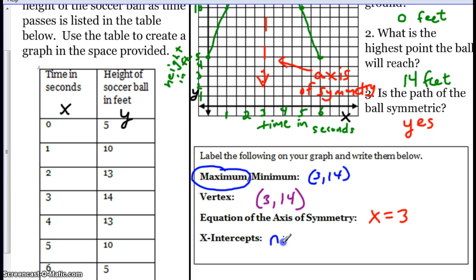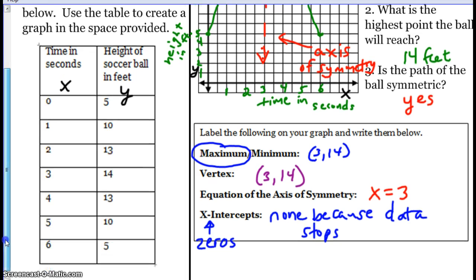So I'm just going to write none because the data stops. But if we had a point that went through here, it would be the x-intercept. And remember, x-intercepts are also called zeros.